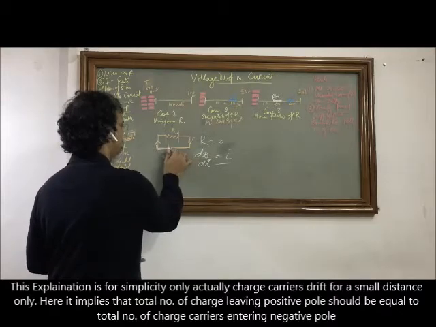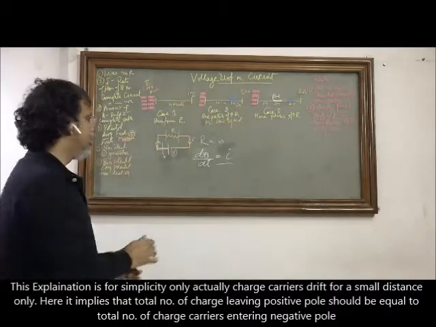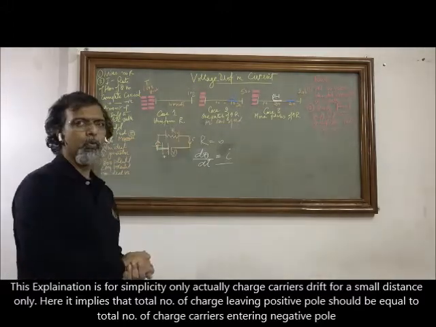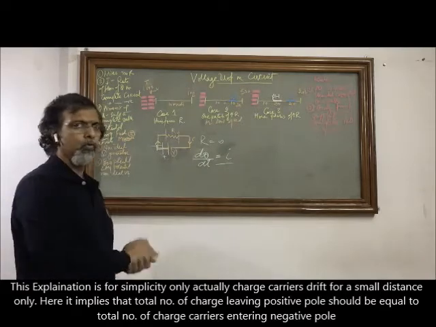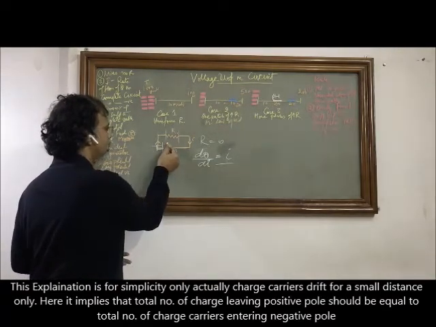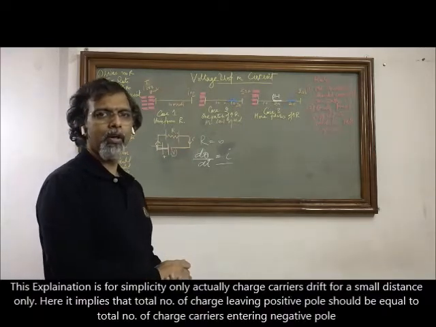If you see here, you will have flow of charge. But if you see here, there is no flow of charge, because we are assuming a situation in which some charge has flown from this positive pole, but it has not completed the whole circuit.